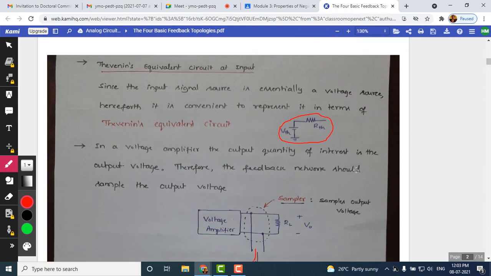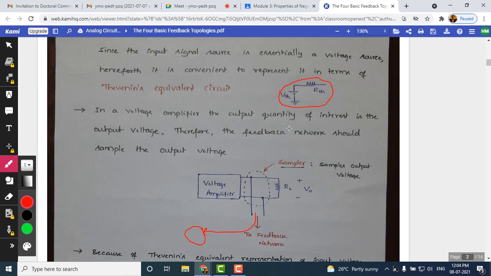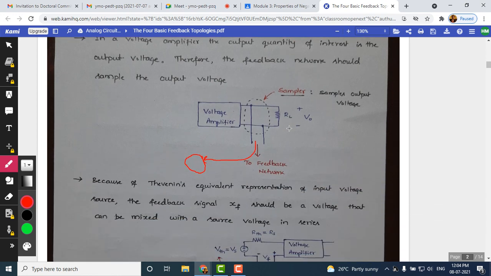Since the input is a voltage source, we can model it with its Thevenin's equivalent. This Thevenin's equivalent will have a Thevenin voltage in series with the Thevenin's resistance. The output we are sampling here.